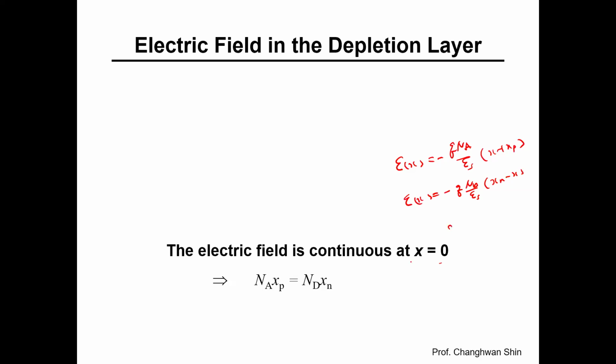So at x equals 0, these two electric fields should be equal to each other. Simplifying, we get N sub A times x sub P equals N sub D times x sub N. This elementary relationship tells us that the depletion region extends further into the lightly doped side of the junction.